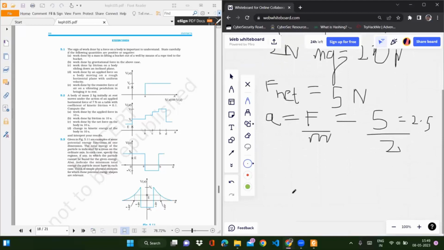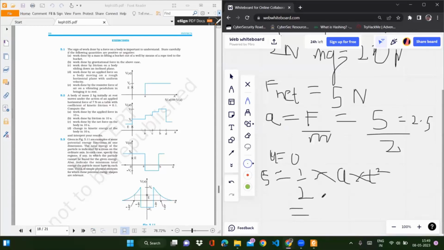Now, if we have acceleration, we can use the equations of motion. For displacement, we can use S equals ut plus half at square. But in this case, it is given that the body is initially at rest, so u will be 0. S equals half at square, as the ut term will be 0.